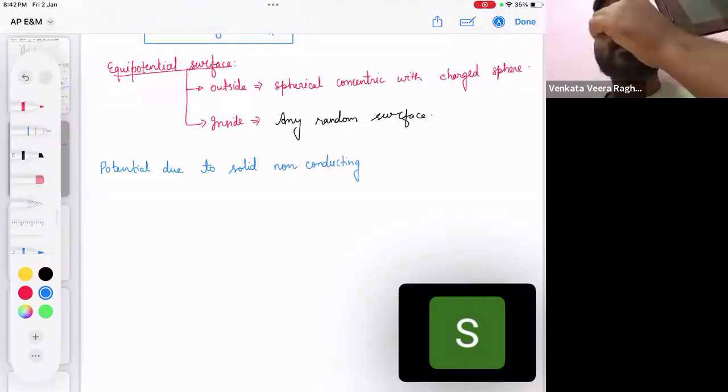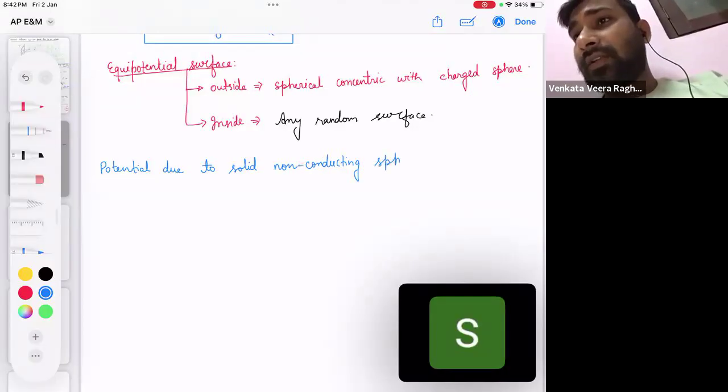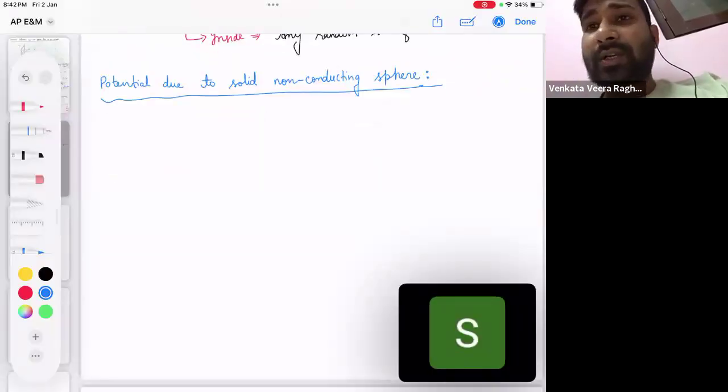Because if it is a solid body but still conducting, it is just going to behave like a conducting sphere, a hollow sphere. So that's why if it is solid, I must mention it. It's a non-conducting sphere, so that I can give you the charge distribution inside uniformly. Okay. So uniform charge distribution I am taking.